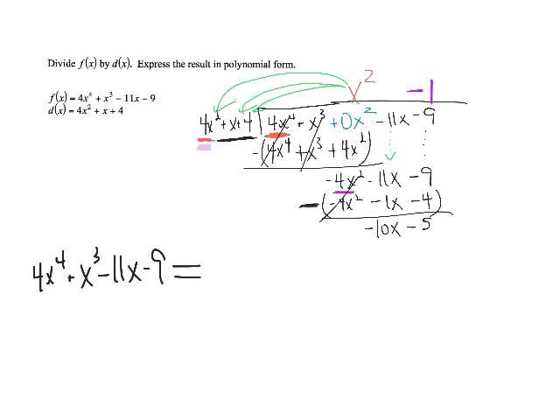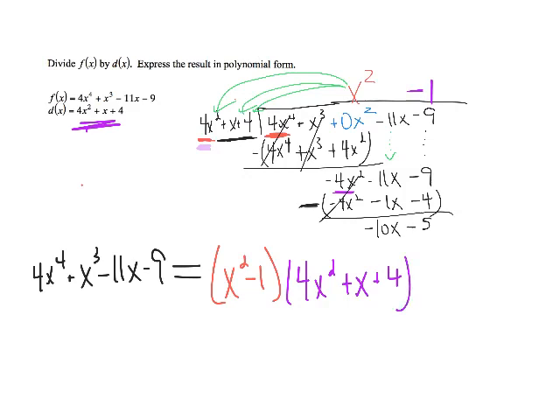That equals, and I'll try to color code it this time, our quotient, x squared minus 1, times what we were dividing by, so times this 4x squared plus x plus 4, right?